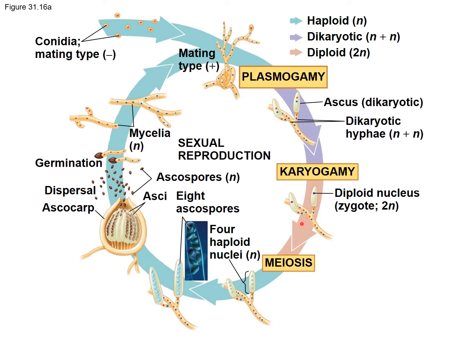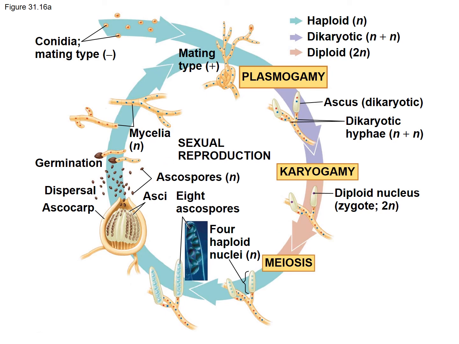Once these diploid nuclei form, they're eventually going to undergo meiosis, which is going to generate 4 haploid spores, contained in these sac-like structures called asci. These are eventually going to multiply, and the asci are going to get larger, and the asci are contained in larger structures called ascocarps. You can see right here, and here you can see spores being released, which can continue the sexual life cycle.